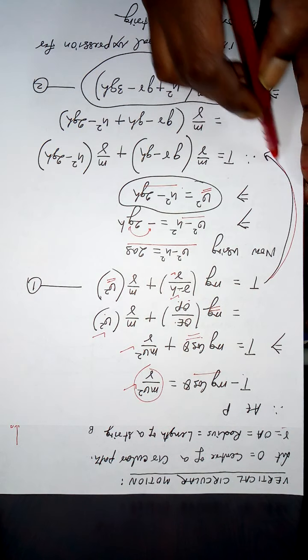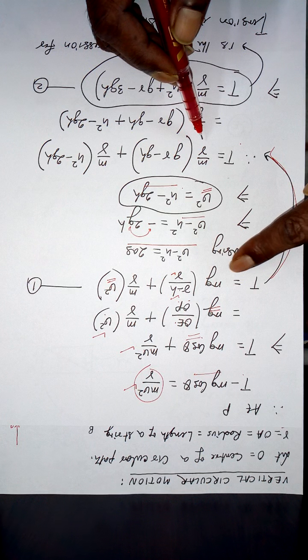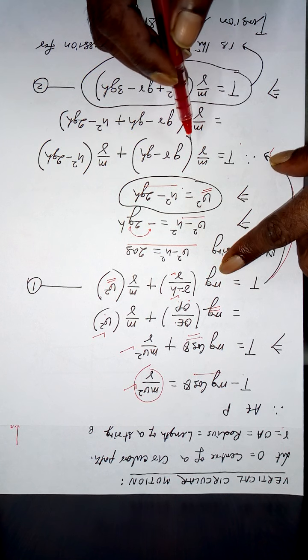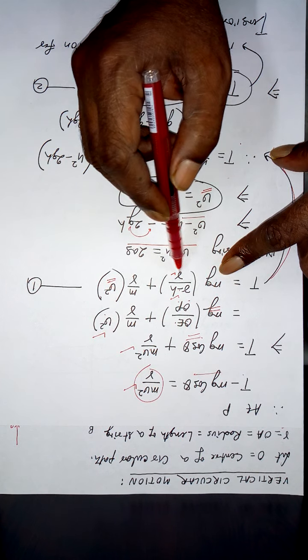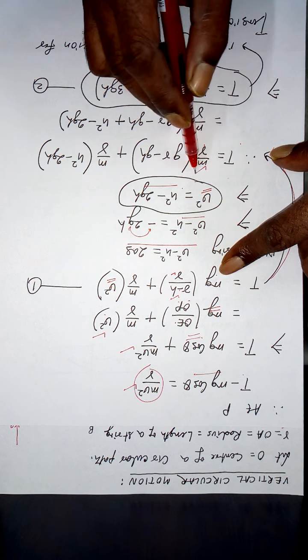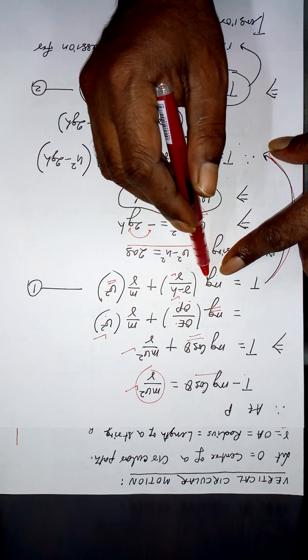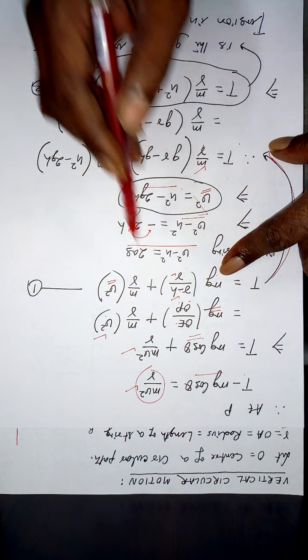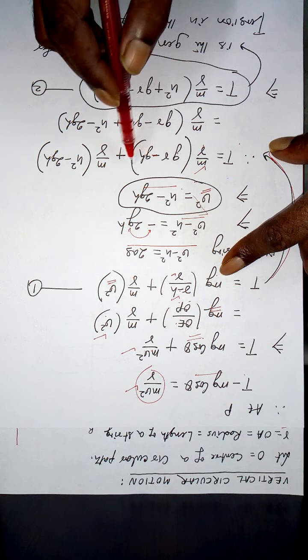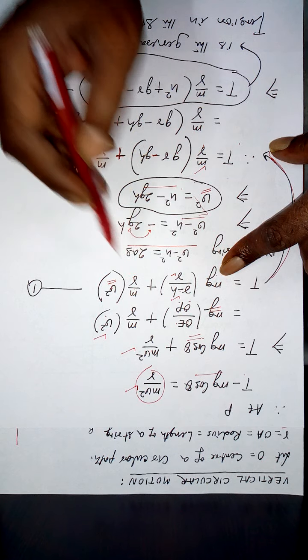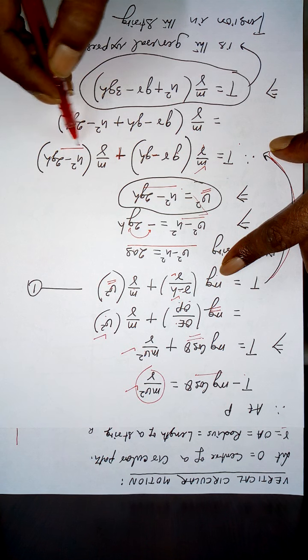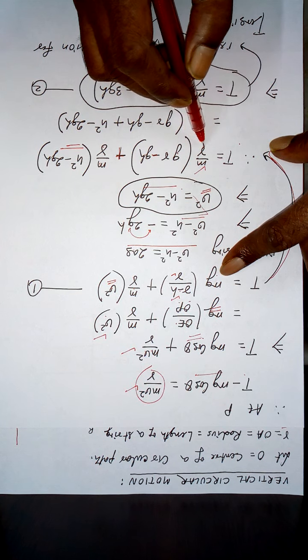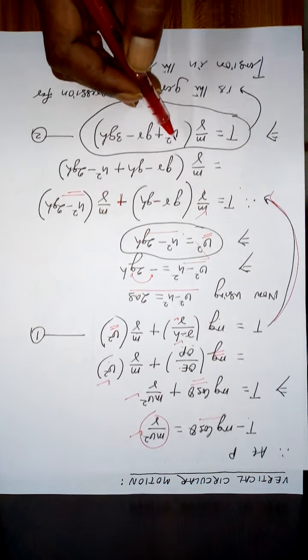So your T becomes, now look, I bring this r out, so it becomes m by r. I take this g inside, so it becomes gr minus gh, and here m by r. I did it so because m by r here and m by r here can be taken common.